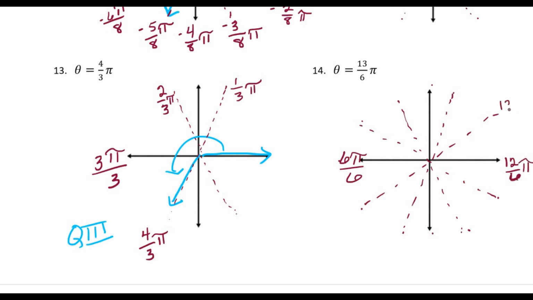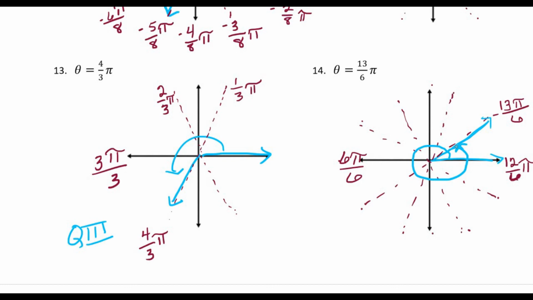So 13 pi over 6 is this angle here that is in quadrant 1. But remember that we have gone all the way around and then back again.